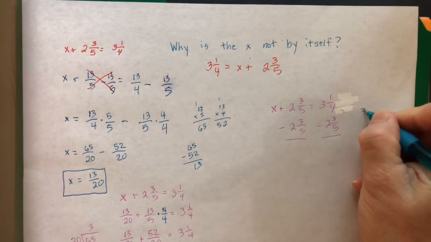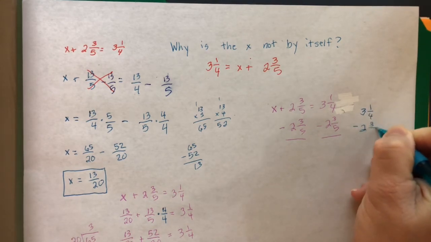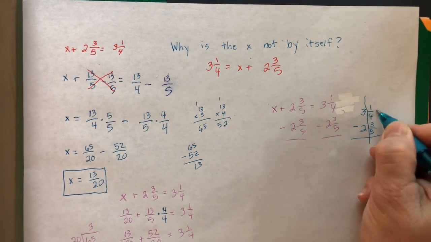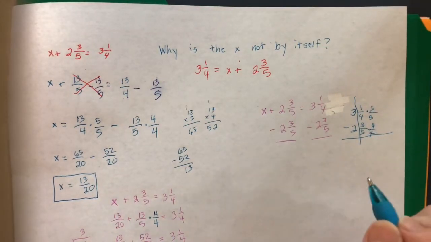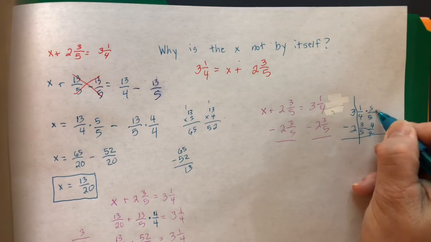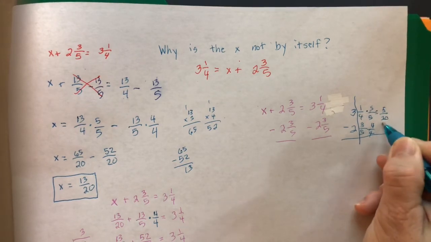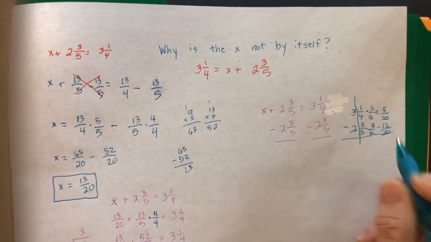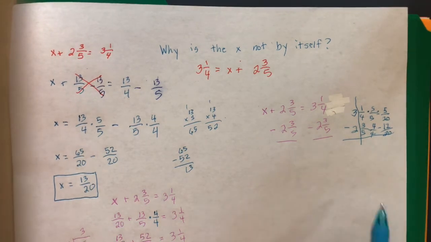So I'm going to do 3 and 1/4 minus 2 and 3/5. I'll subtract these parts separately, get a common denominator, 5/5, 4/4. And then I get 5/20, and this is 12/20, but I'm subtracting. So I can't take 12 from 5. I don't just say 12 minus 5, it's 5 minus 12.